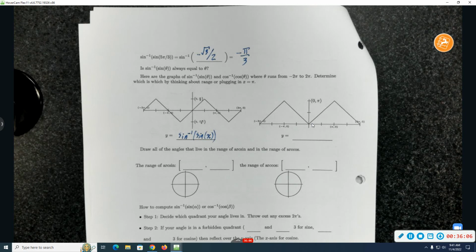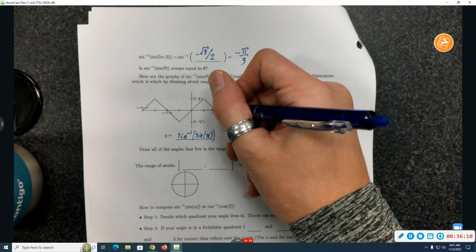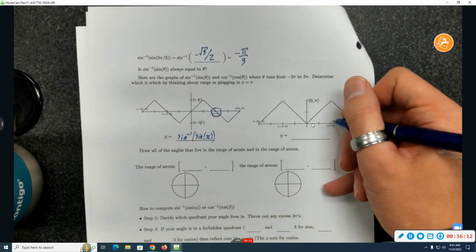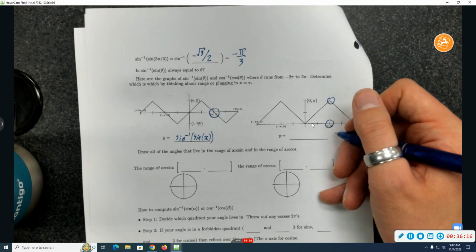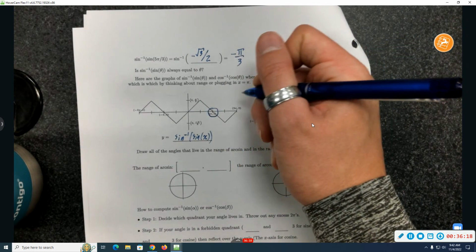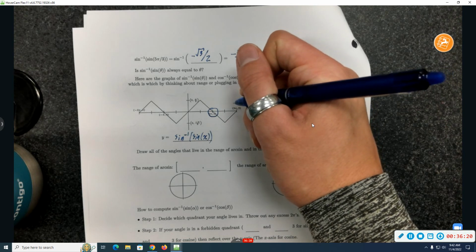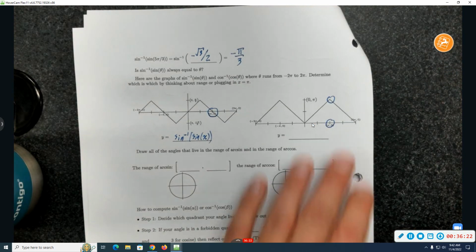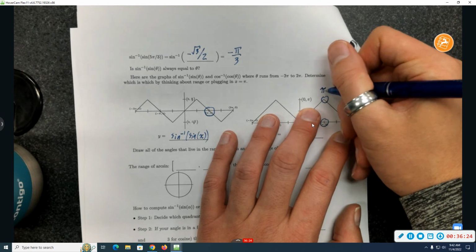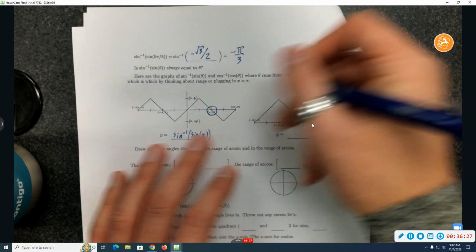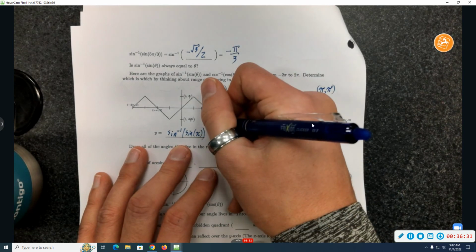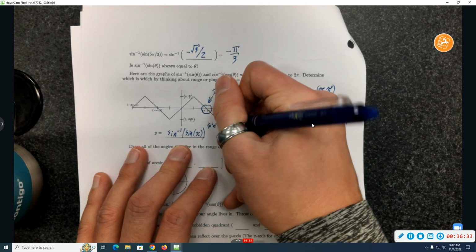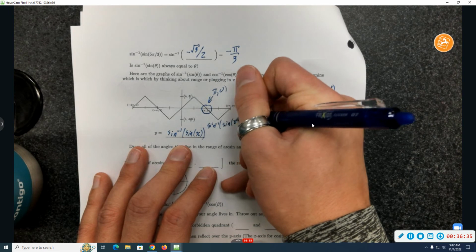Maybe I'll test by plugging in a number. It looks like they have different behaviors at pi, right? Looking at the x-axis, it looks like up here it's pi comma pi. That point is pi comma 0. Let's try plugging pi into this. So sine inverse of sine of pi.